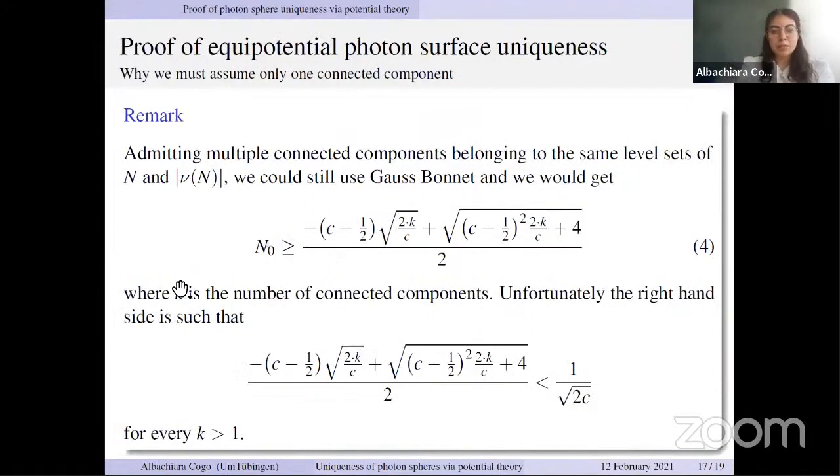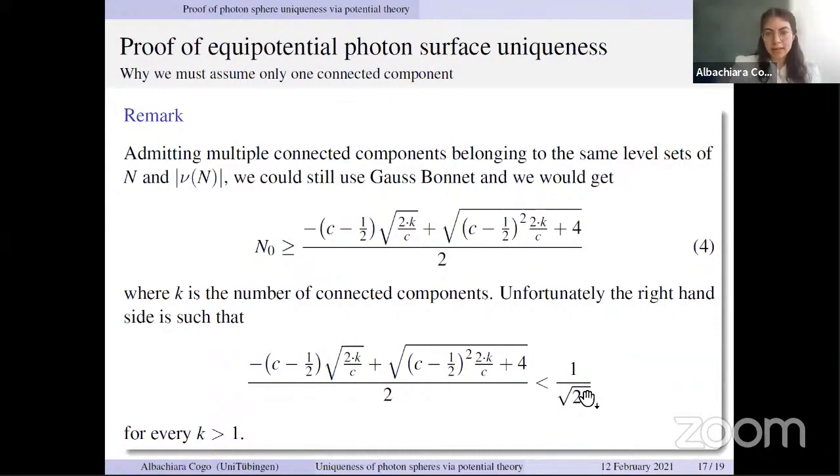Because if we assume, for example, k to be the number of connected components, then we get this bound on the right hand side, still using Gauss-Bonnet under some assumptions. And this is strictly less than the value that we want to attain, so we cannot conclude.